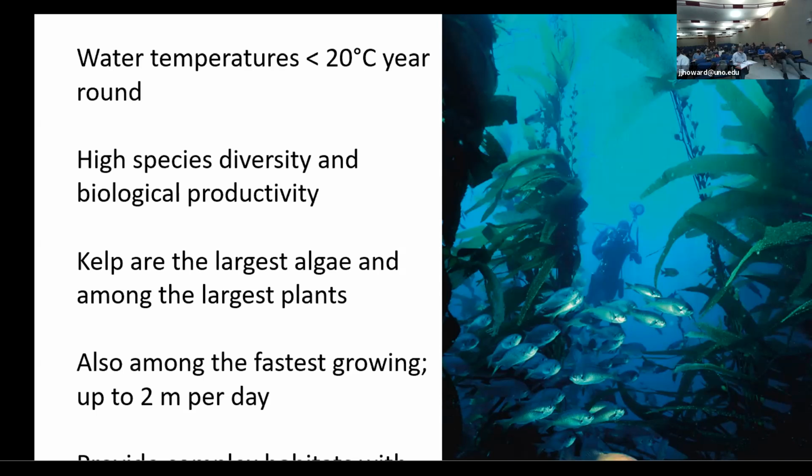They have similar temperature preferences, not exactly the same. The distinction between salt marshes and mangroves kind of breaks off at about 16 degrees centigrade of water temperature. It's a little bit warmer for the distinction between kelp forests and coral reefs, about 20 degrees centigrade. But that's a handy way to remember what's going on with these aquatic habitats.